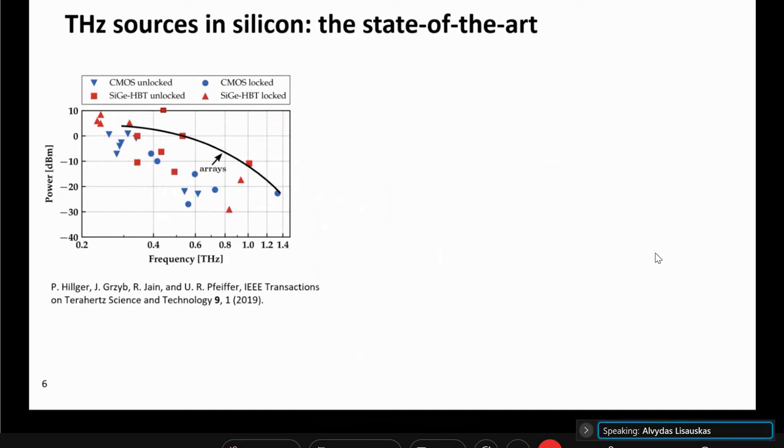The state of the art for those technologies is presented here by one of the recent works of the Wuppertal group of Ulrich Pfeiffer. Blue color is that of CMOS, and red color is that of SiGe, that's BiCMOS. What we see is that in general they are very similar, competitive materials. Silicon is competitive, and it is really entering fully into the terahertz frequency range, with powers, where 0 dBm is a milliwatt, so up to 300 gigahertz there are devices with a milliwatt or even reaching 10 milliwatts.